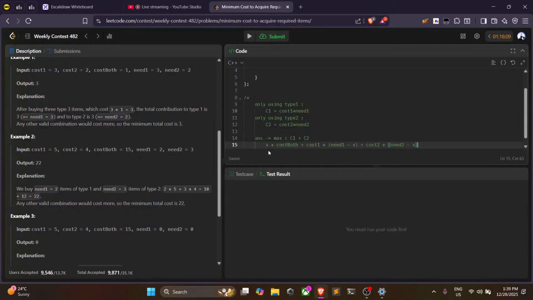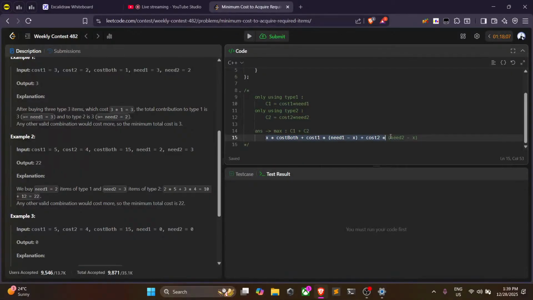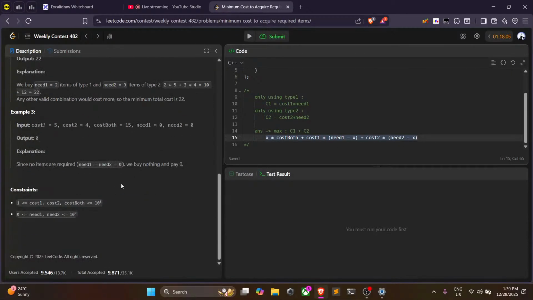This is the particular formula which calculates the thing. Okay. So this particular thing can be 10 to the power 9. Okay.